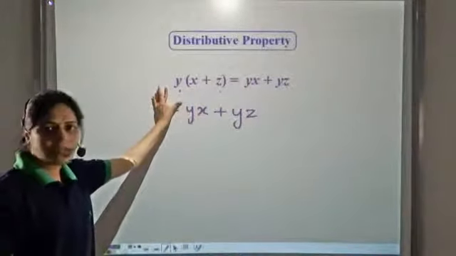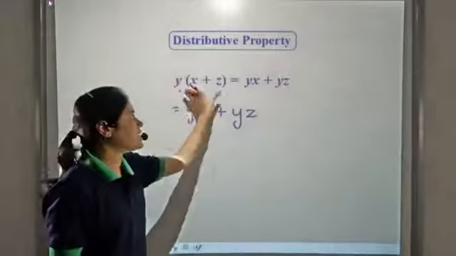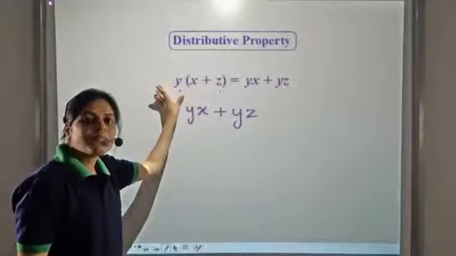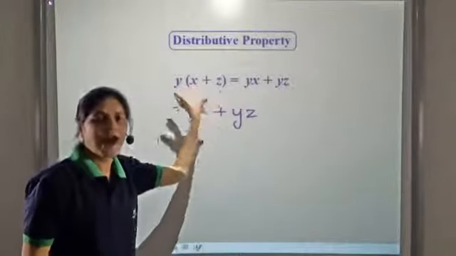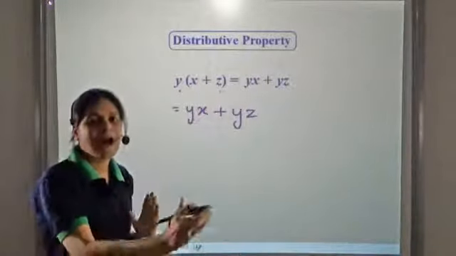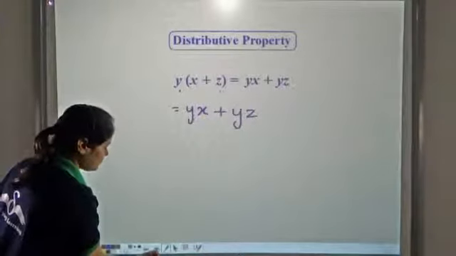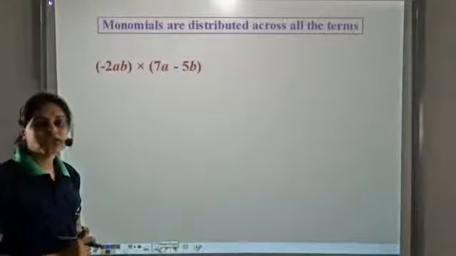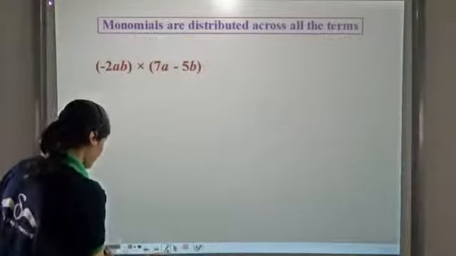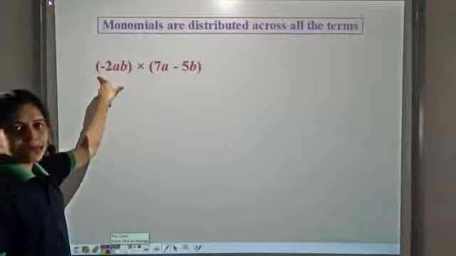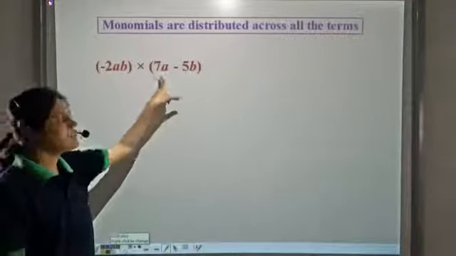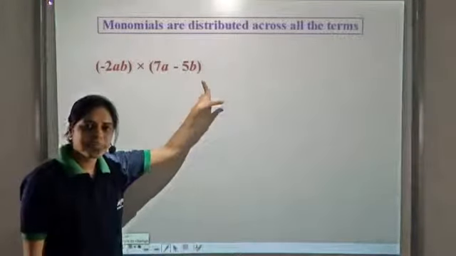When we have a term being multiplied with an expression, the term is multiplied with each term of the expression and then it is added. So let us solve an example. Negative 2ab is being multiplied with 7a minus 5b.